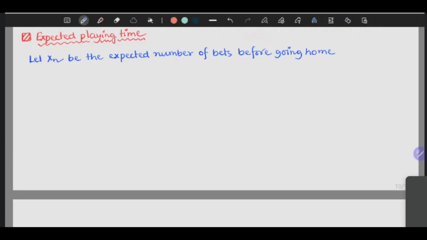So this is the number of bets before going home. That means you are either broke or a winner.